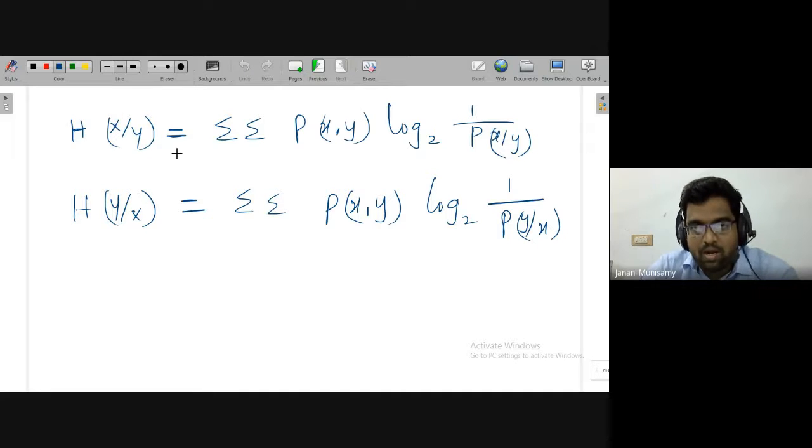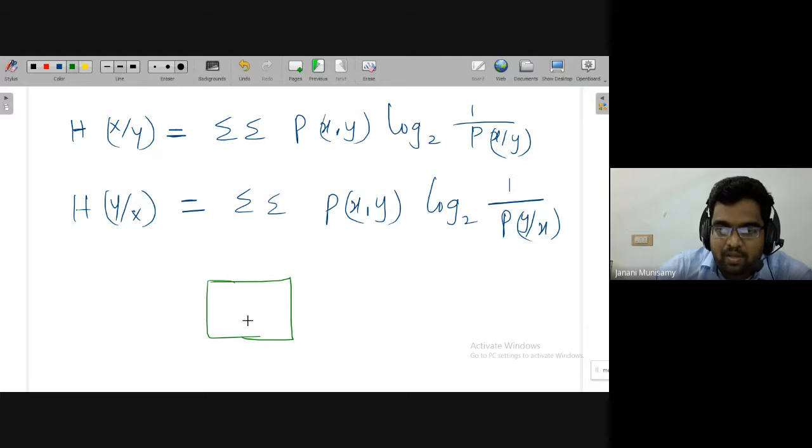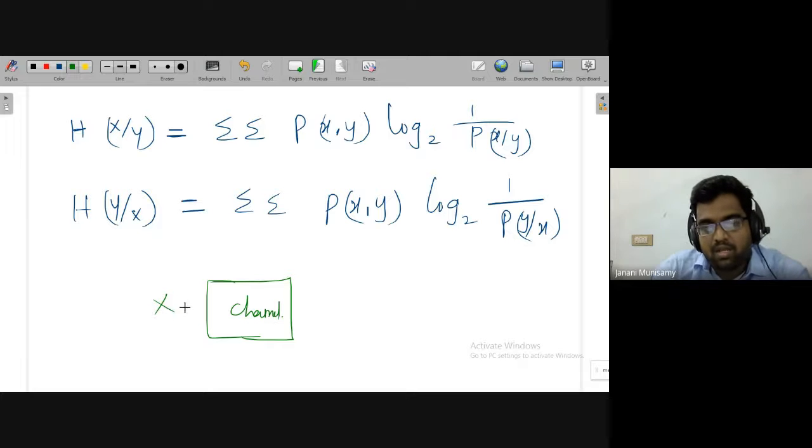So now we will relate this conditional entropy and ordinary entropy with the mutual information. See, what is the concept of mutual information? I am having some channel. Just now we have seen the binary symmetric channel. I am creating symbols at the transmitter side. Already it is having some uncertainty. At any point of time, I do not know what symbol I will get.